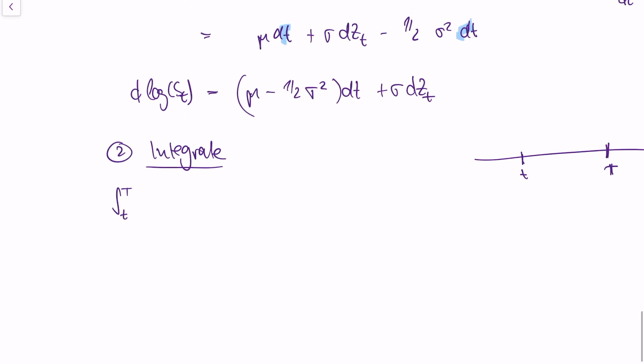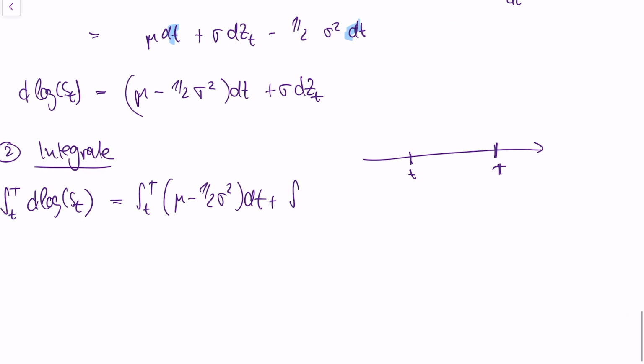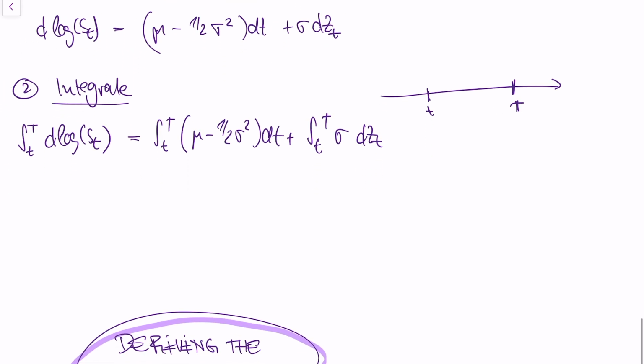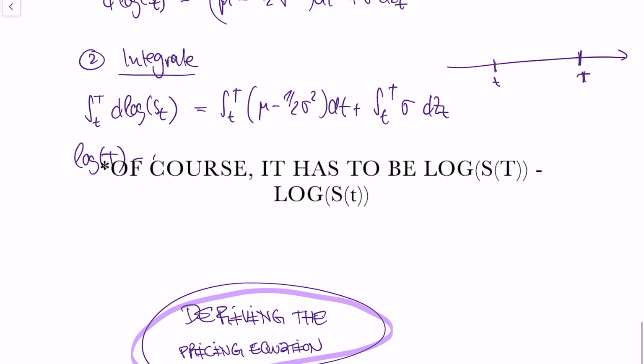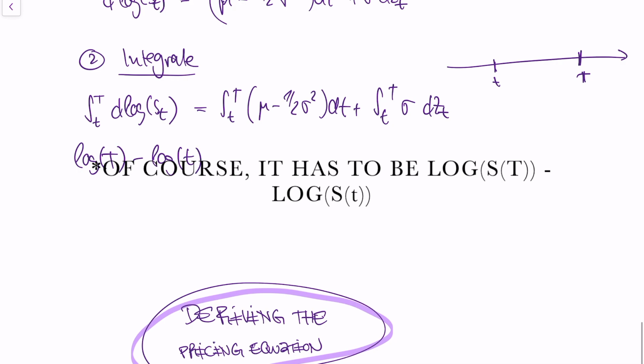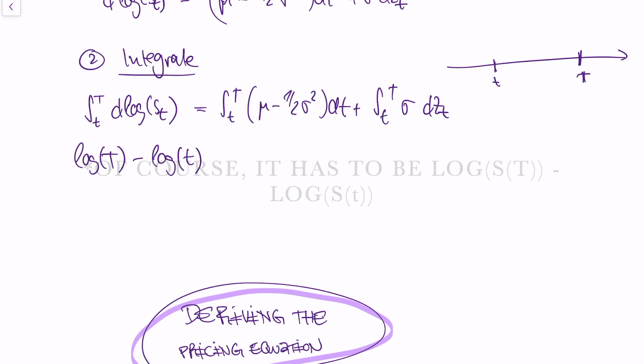Okay, so I integrate d log S_t. I integrate from t to T, mu minus a half sigma squared dt, plus the integral from t to T of sigma dZ_t. So for the first integral, I get log at time T minus log at time small t, right? This is just the change in the log of S_t in the time period of the integral.